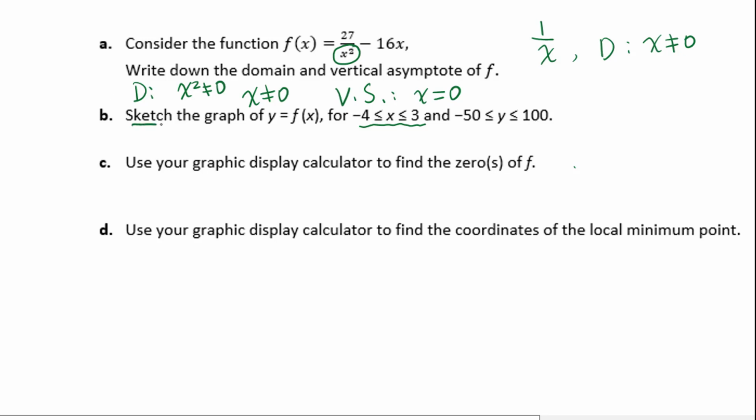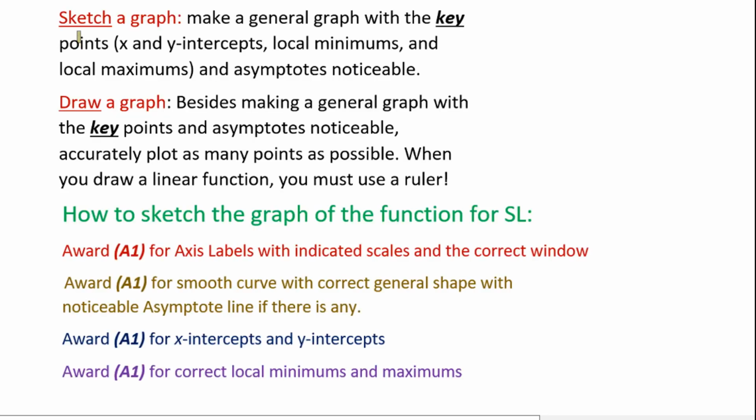The word sketch. What's the difference between draw and sketch? For the IB exam, sometimes you need to draw a graph, sometimes you need to sketch the graph. To sketch a graph means to make a general graph with the key points.